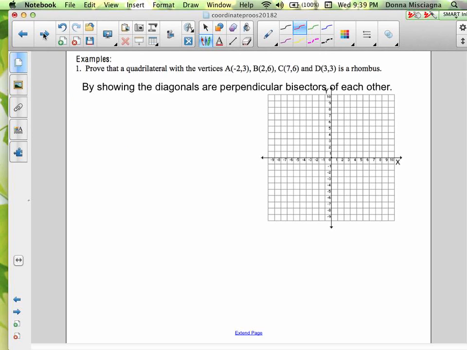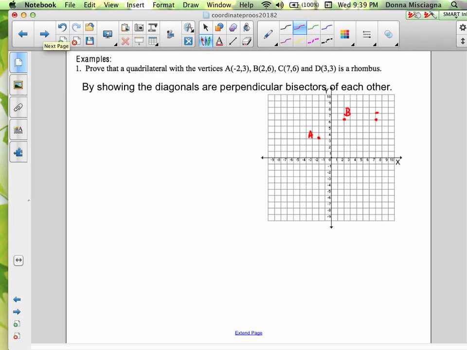So step 1, let's graph the quadrilateral. So -2, 3, and label that A. 2, 6, label that B. 7, 6, oops.